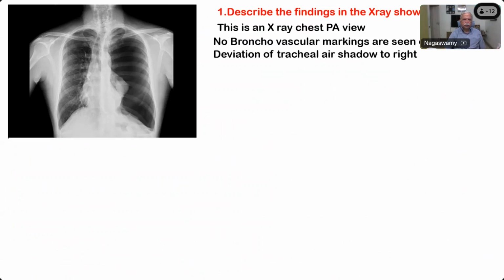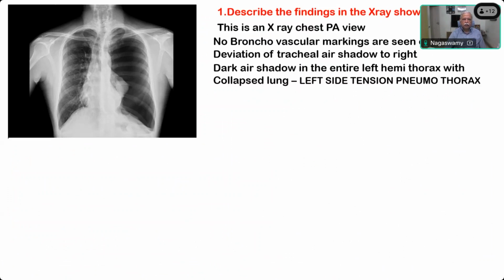Deviation of tracheal air shadow to the right. Dark airspace in the entire left hemithorax with a collapsed lung. So it is a left-sided tension pneumothorax, because the mediastinum and the trachea are also pushed. If it is a non-tension pneumothorax, it will not have pushed all these structures.